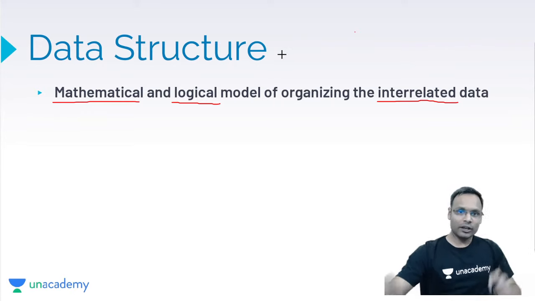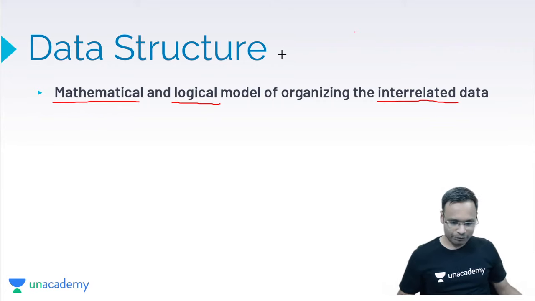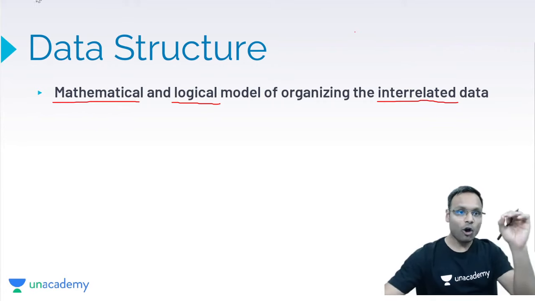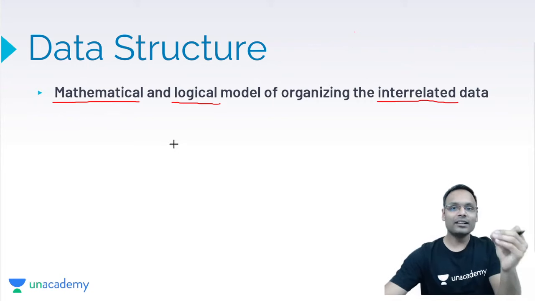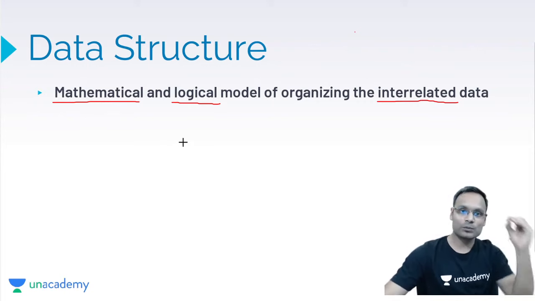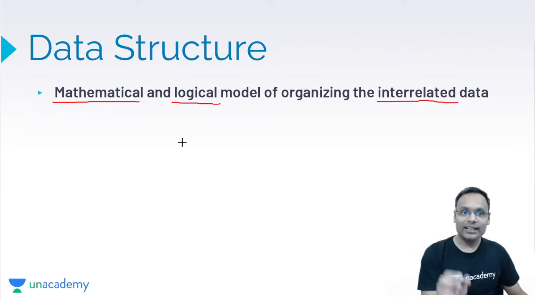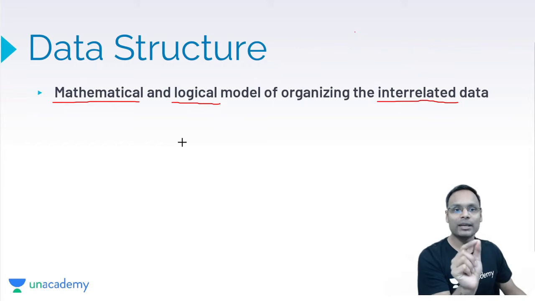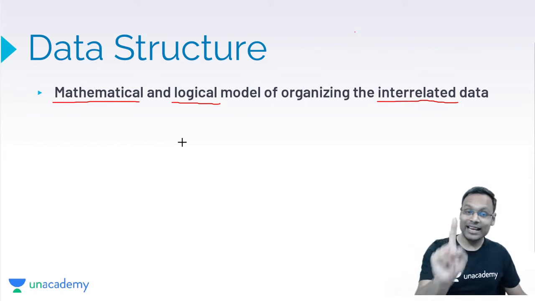What is that? When we organize the data, how exactly do we organize the data in a specific data structure? For that, we have a predefined structure. I will take an example here.